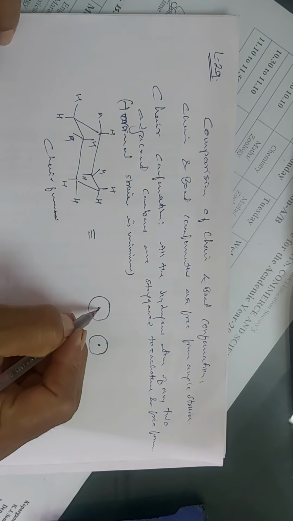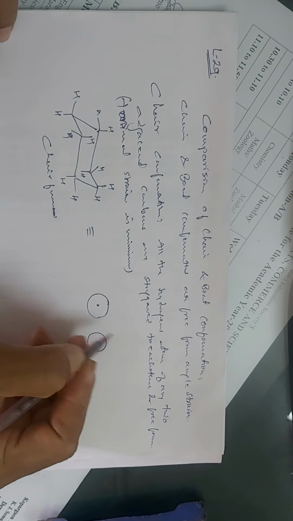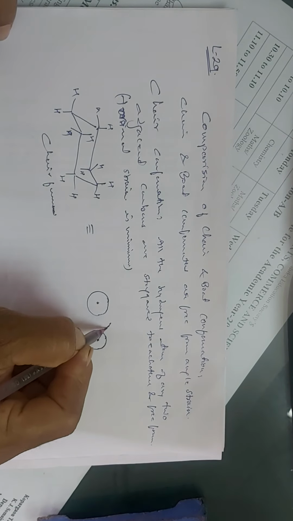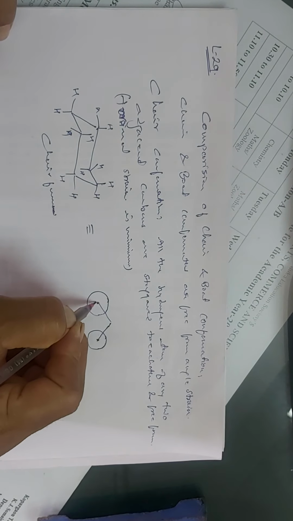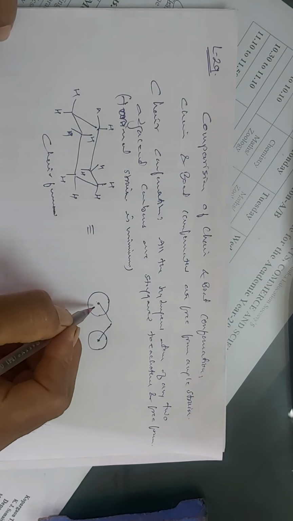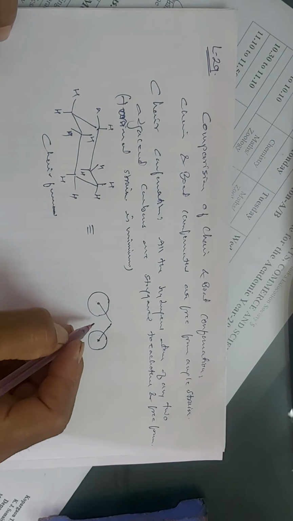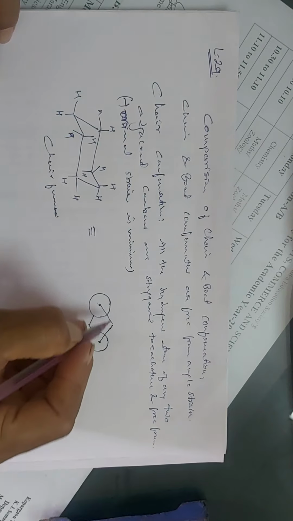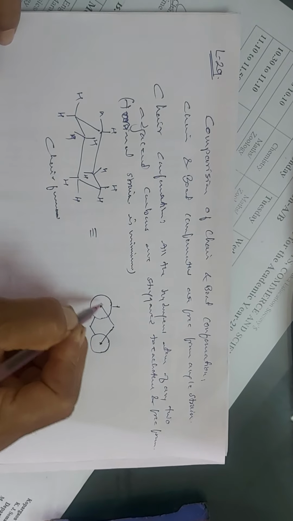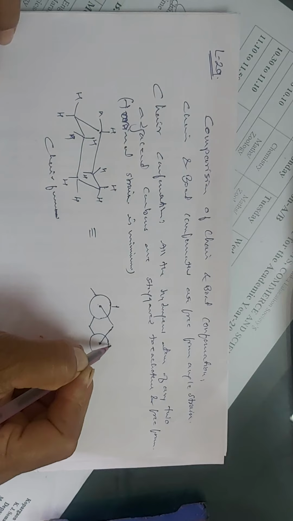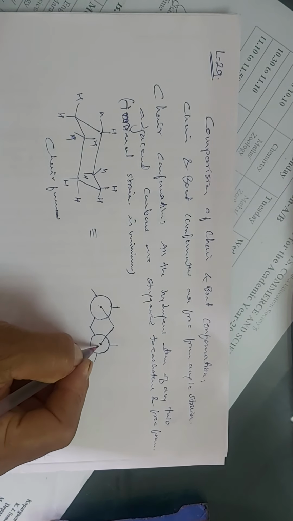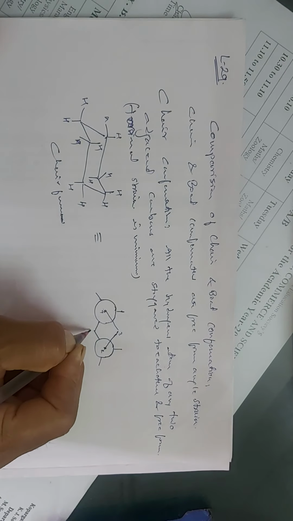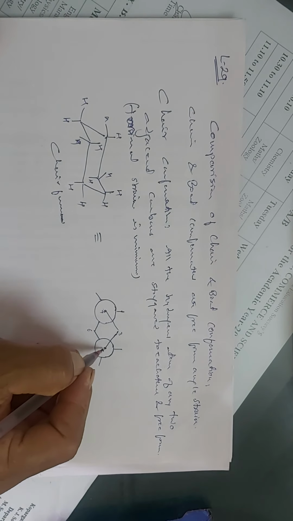And so here, suppose this is 2, 1 is rear, this is 2, then the 3 will come here, then this is your fourth, fifth goes behind the plane, and sixth is here in this way. So we can draw in this way. This is the conformation. Here 1 is behind the plane.